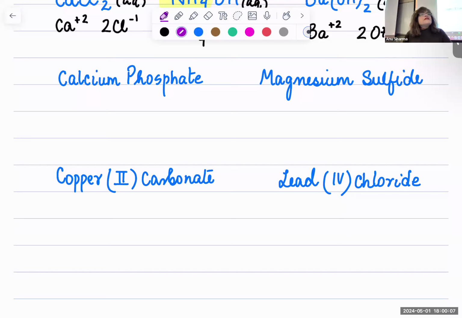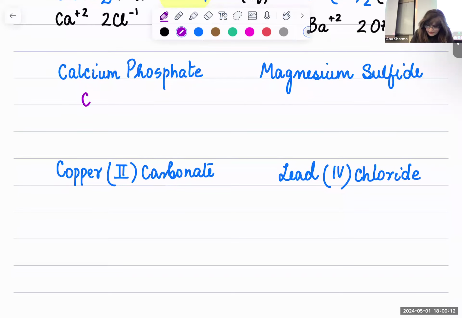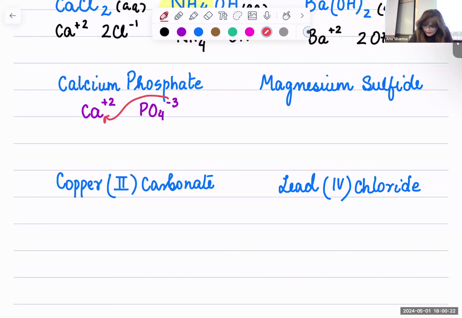Let's write the formula of calcium phosphate. What's the symbol for calcium? Ca plus 2, group 2A, and phosphate minus 3. Very good. So what do you do now? Crisscross. This number comes here and this number goes there, because it's more than 1. So phosphate goes in brackets. So now what is the formula?